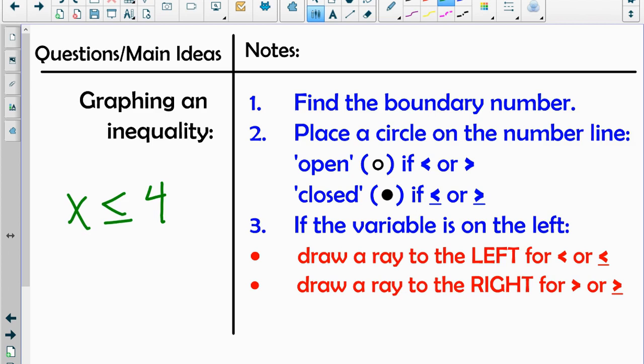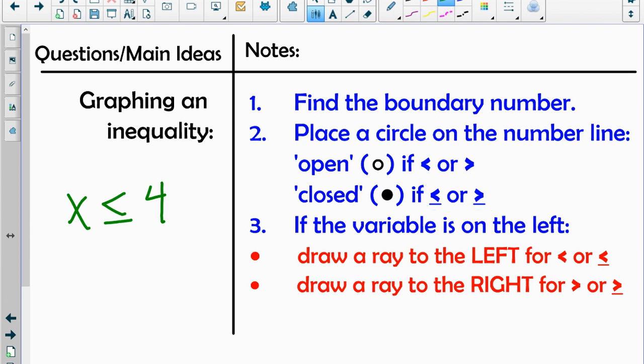So that boundary becomes a solution also, and we want to indicate that on the number line by drawing a closed circle anytime we have that equality that's possible as well. All right, so open circles for strict inequalities when it's not equal. Closed circles are filled in when the equality is there because we have the little line underneath the symbol.